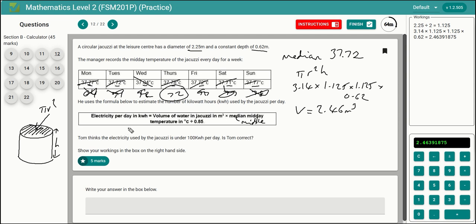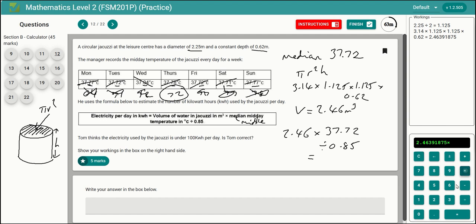Okay, so I'm now ready to work out the electricity per day in kilowatt hour. So it's the volume, which is 2.46, multiplied by the median, which is 37.72, divided by 0.85. And what does that come to? I'm wondering, how does this calculator work? Can I just continue on from this number here? Well, let's test it and find out.